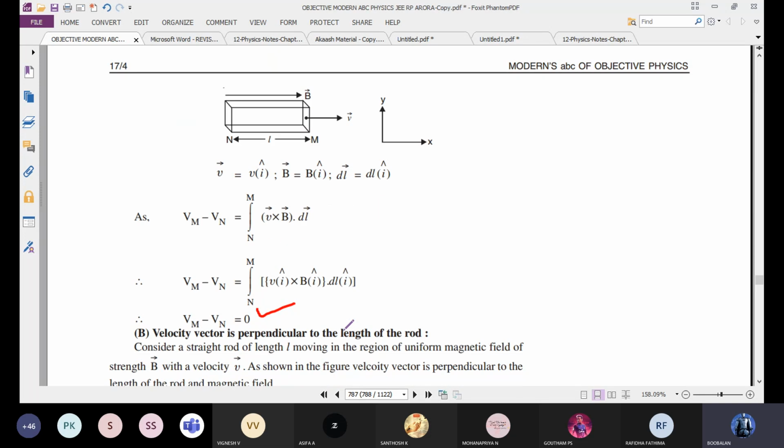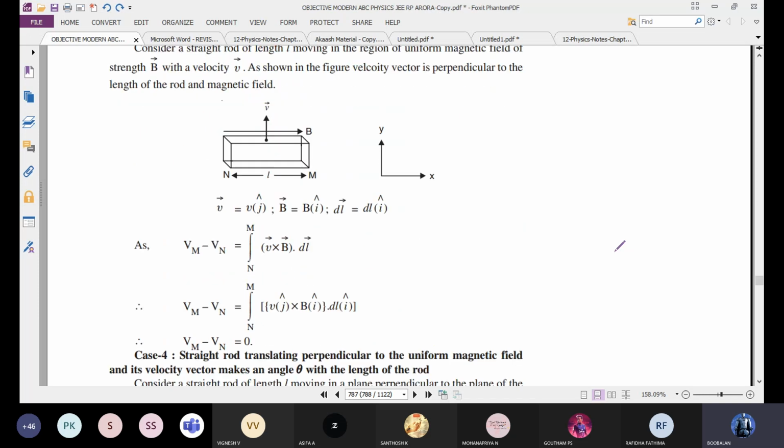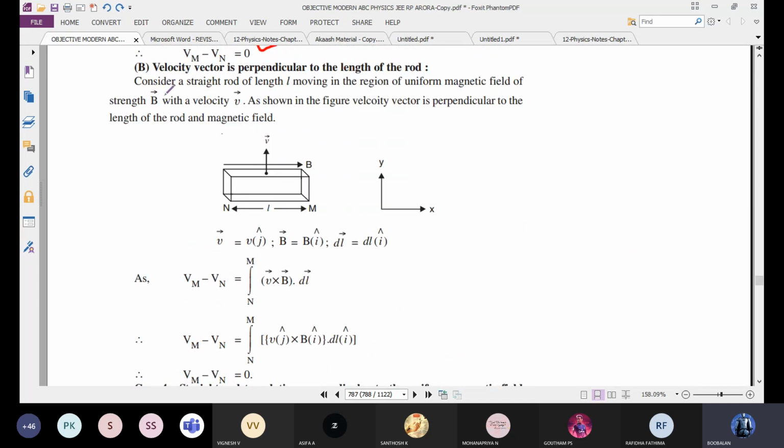The potential difference is equal to 0 in these two cases, when the velocity vector is along the length of the rod.